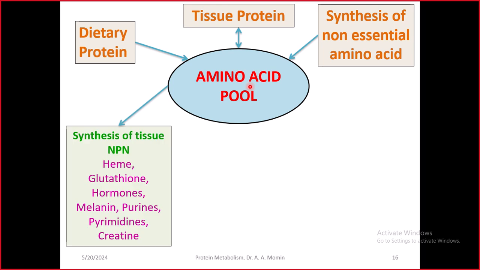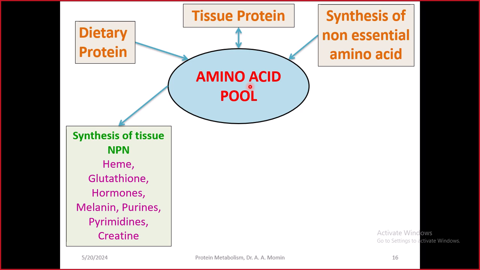Now, what are the fates of the amino acids present in the amino acid pool? One is the synthesis of tissue non-protein nitrogenous substances. So these include heme, glutathione, several hormones, because we know all the hormones are proteins, and all the enzymes are proteins.